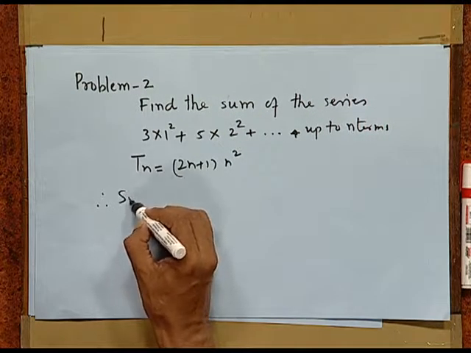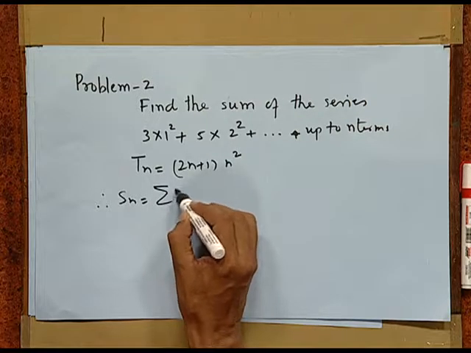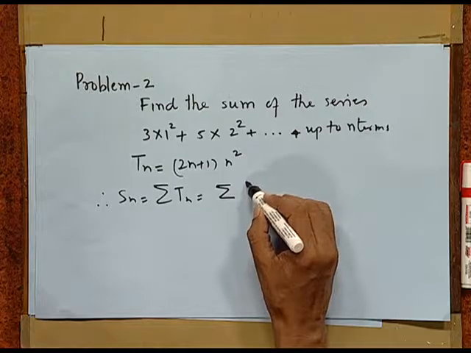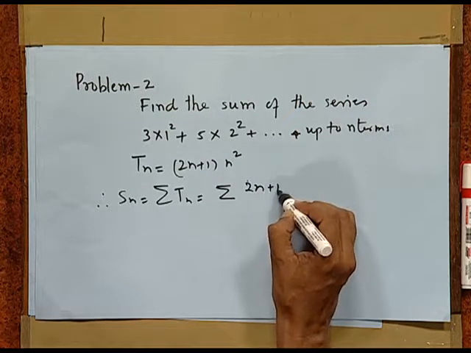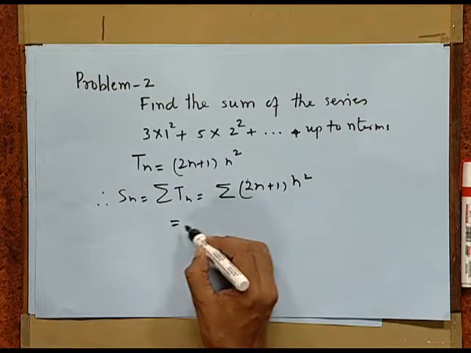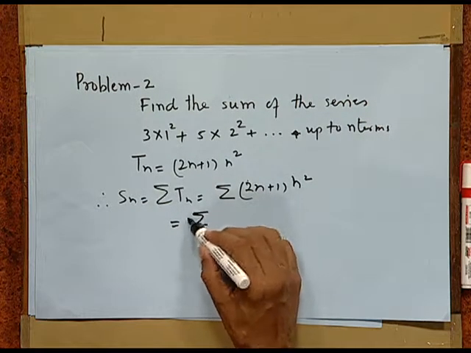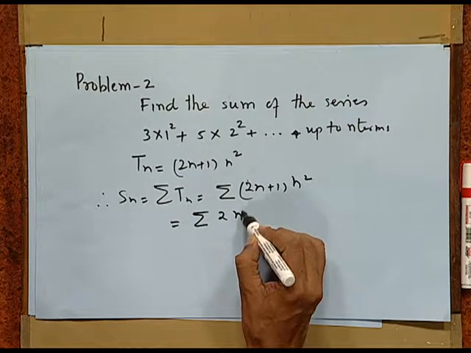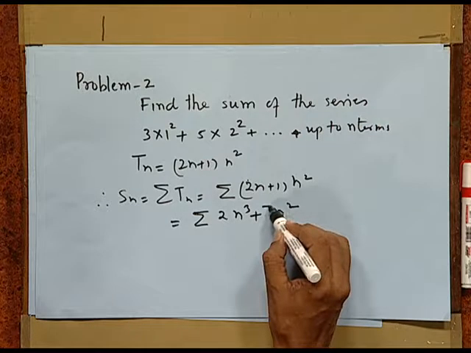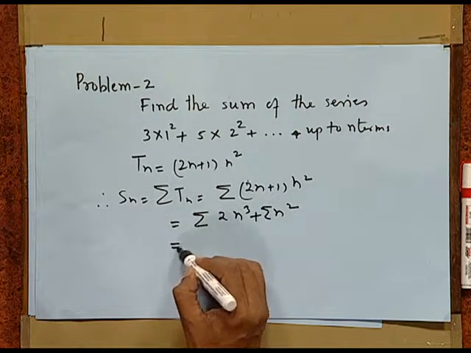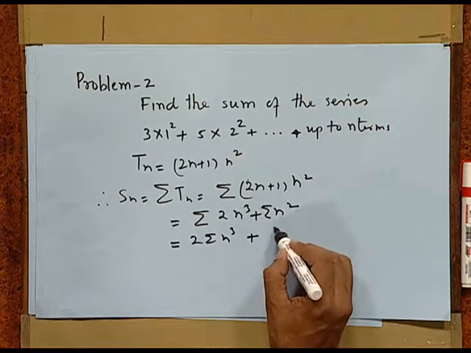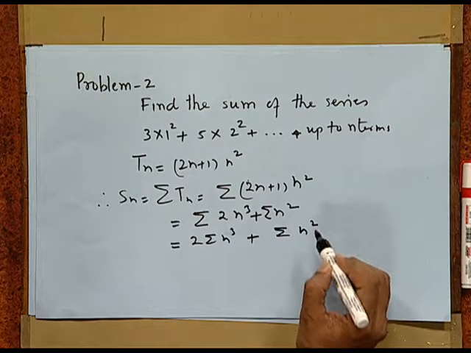Hence, S n will be sigma T n equal to sigma of 2n plus 1 times n square, which equals sigma 2 n cube plus n square, which equals 2 sigma n cube plus sigma n square.